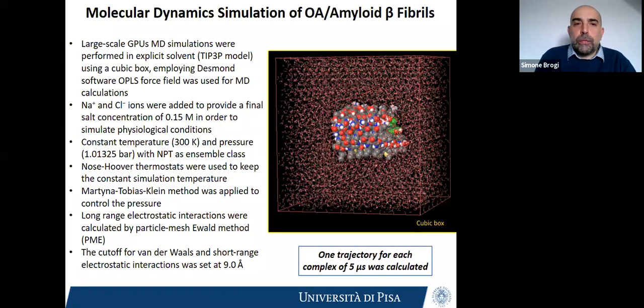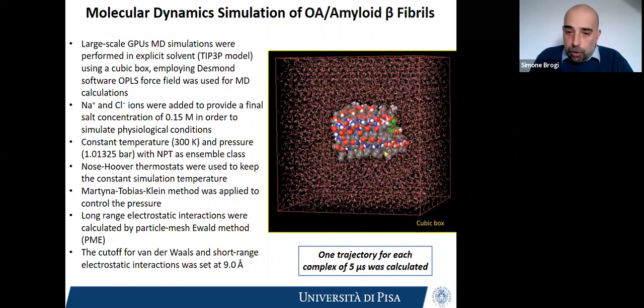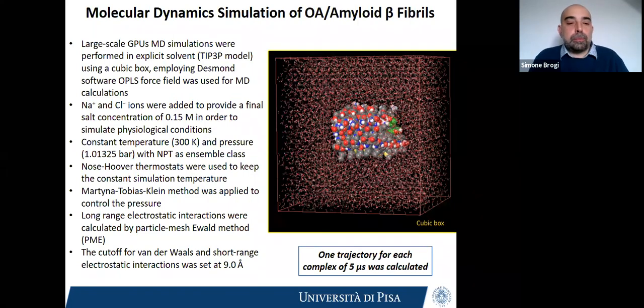Accordingly, after the setting and the calculation, we calculated one trajectory for each system, the complex of oleuropein aglycone with amyloid beta fibrils and amyloid beta fibrils alone, of 5 microseconds for each system.